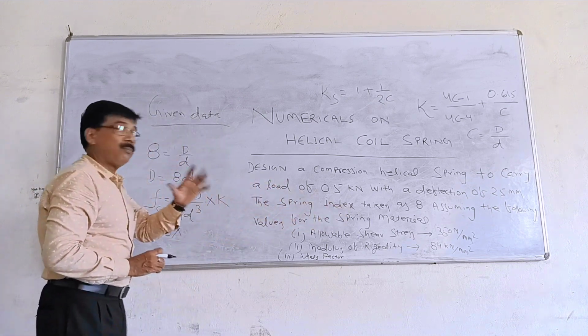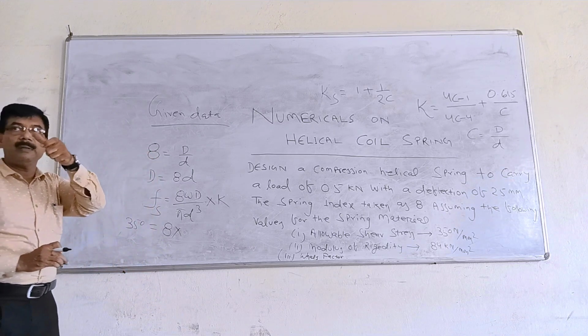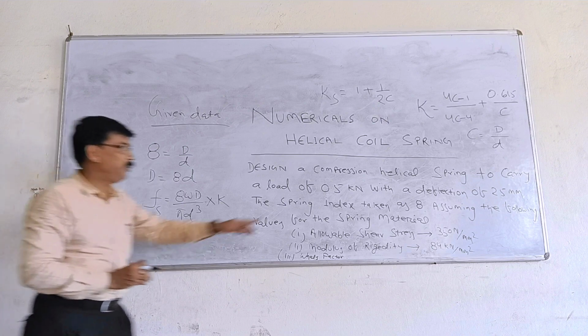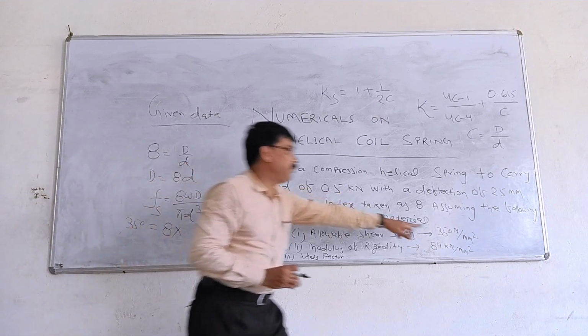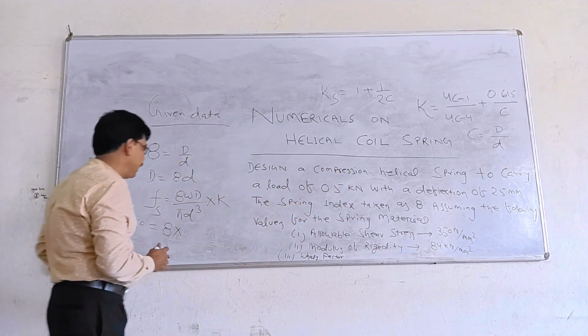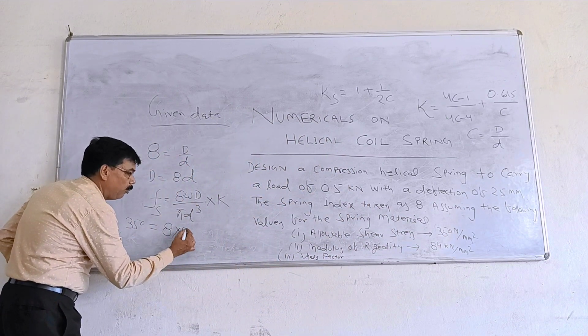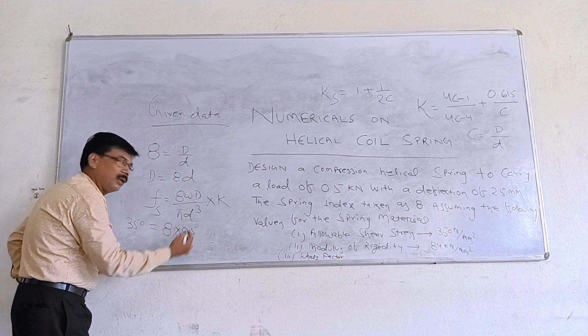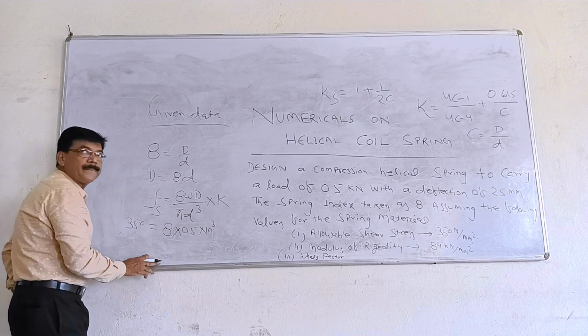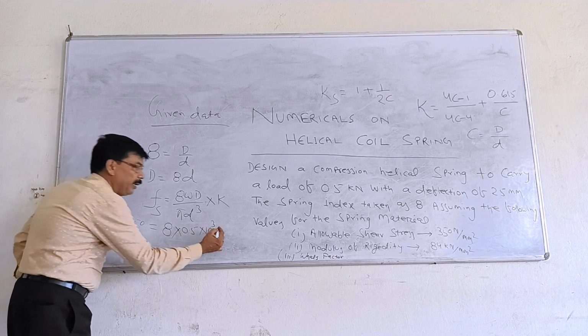So first of all, you must be sure about the unit. Load is given in kilonewton, but stress is given in Newton, so change kilonewton to Newton from the beginning. So 8W, W value given 0.5 kilonewton. Convert it into Newton, multiply with 10 to the power 3 Newton, into capital D.